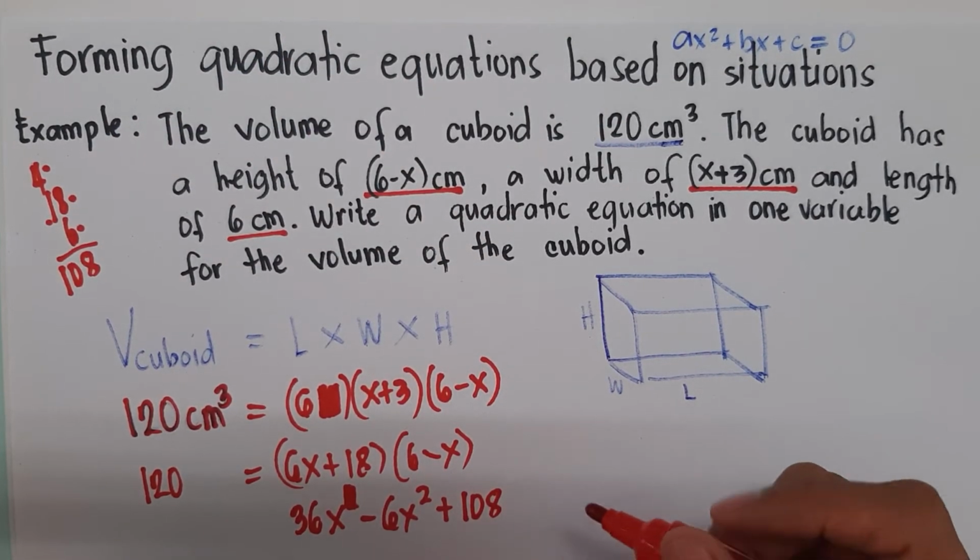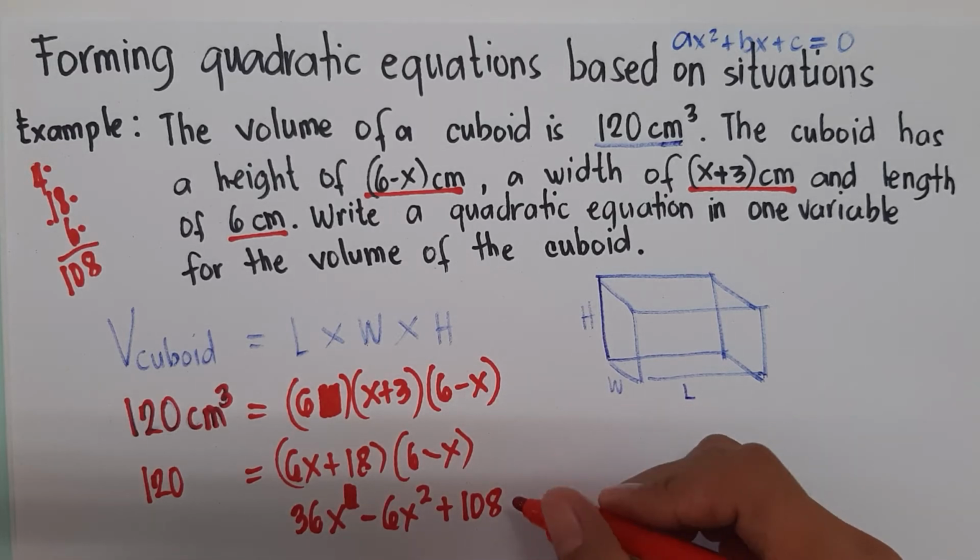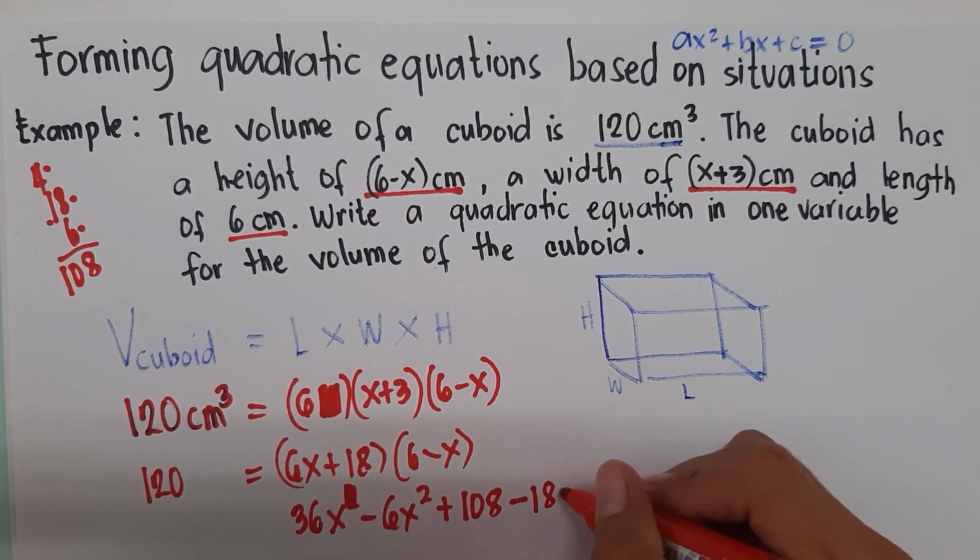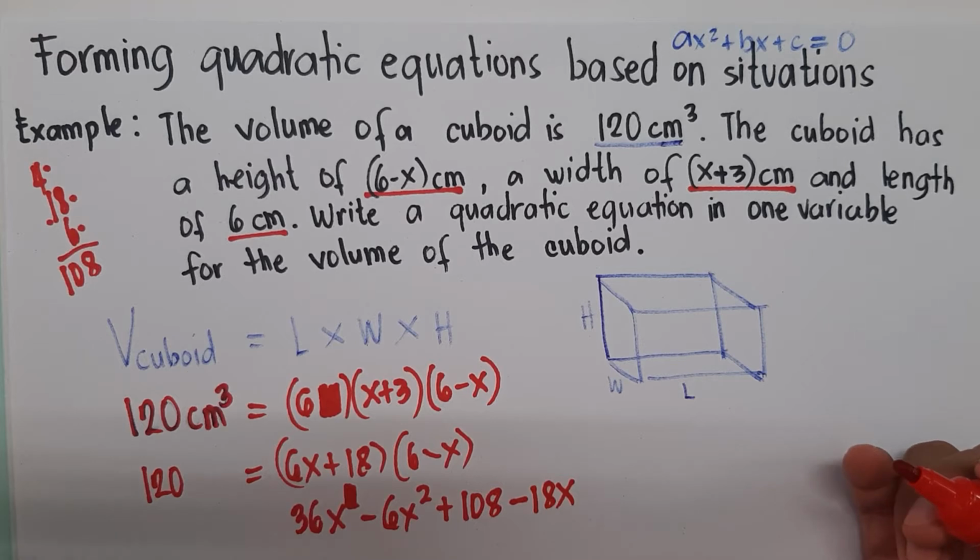Next, 18 times negative x is negative 18x, okay?